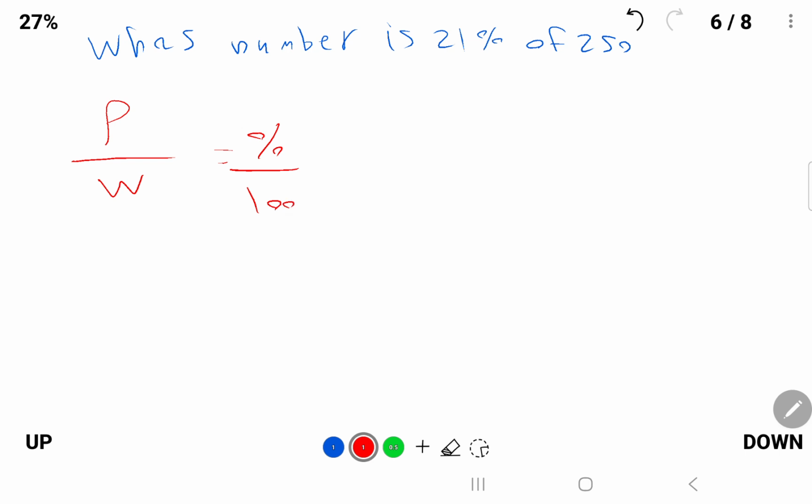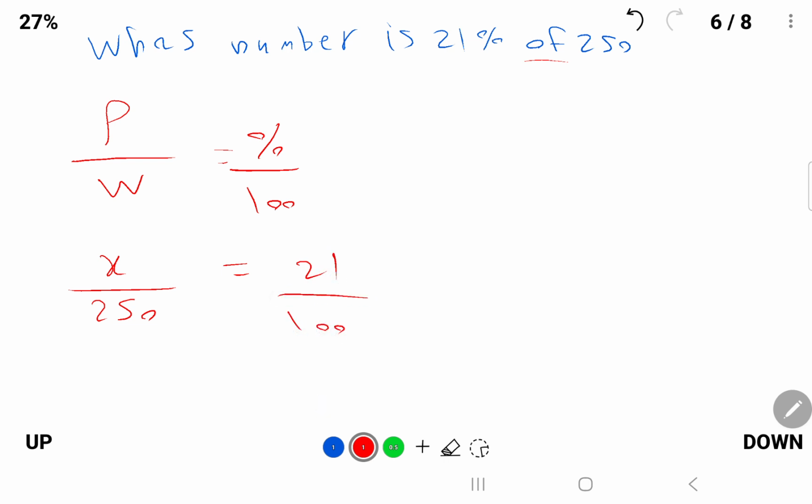Part is the number associated with the word "is," so part is x, we need to find it. And whole is the number associated with the word "of," so whole is equal to 250. Percent is 21 and here you have 100.